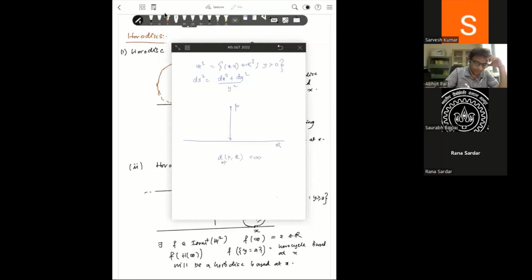So R union infinity is the boundary at infinity of this upper half plane.